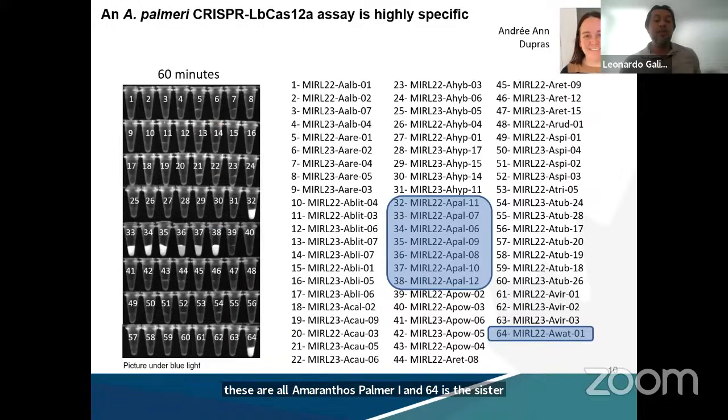None of the other species here are showing fluorescence after 1 hour of doing the reaction. So the cool thing about this is that you can actually do amplification and the enzymatic reaction in under an hour without any equipment. You can do it at room temperature, right? And we are tweaking the protocol to make it even more efficient. So our idea is to implement this so we can do it for almost any 2 species or any different species that we need to test.